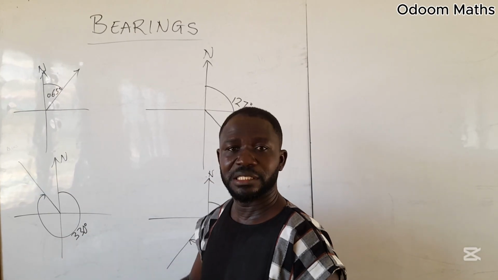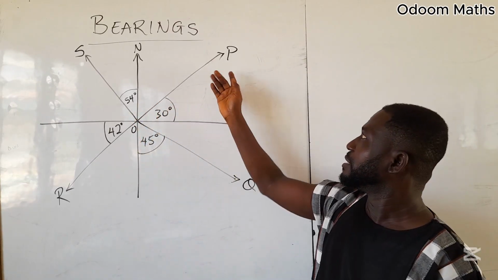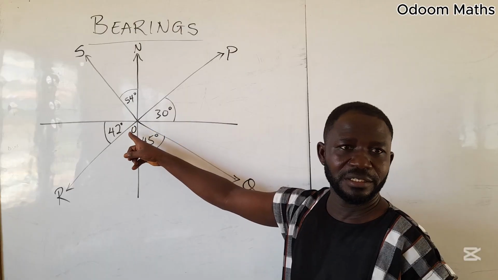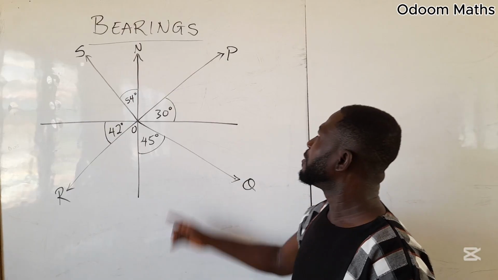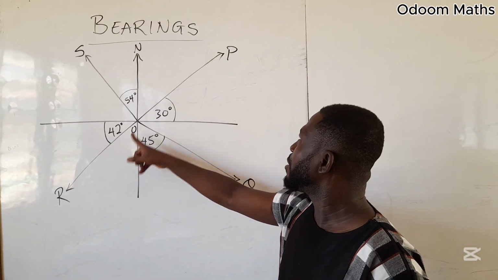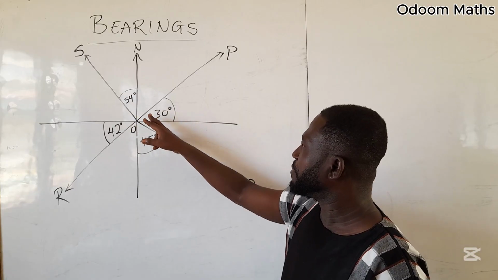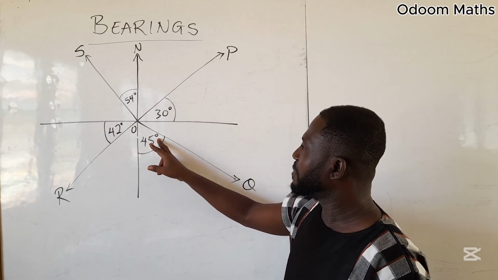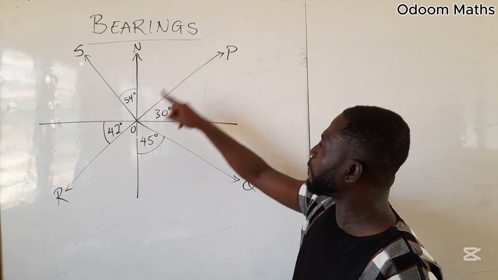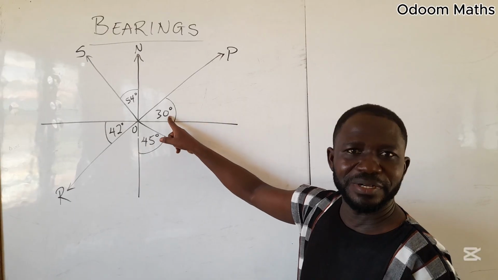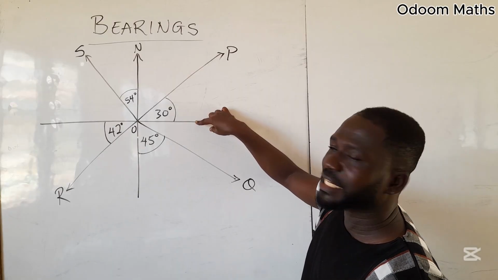Now let's look at another example. Let's describe the positions of the various points from the origin. So the bearing of P from O. Let's look at these angles given: 54 degrees, 30 degrees, 45 degrees, 42 degrees. The position of P from O is not 30 degrees, but rather 60 degrees, because from this point to this point measures 90 degrees.